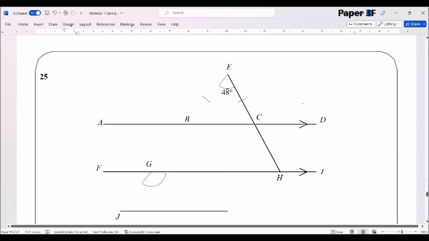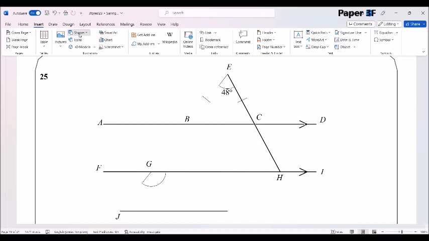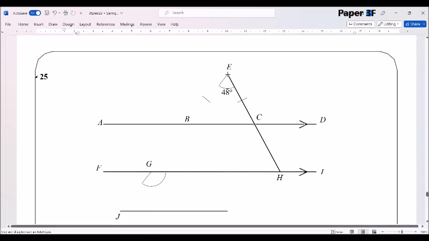Next question. Question 25. Just going to tidy this up and make sure we've got the lines drawn in. Okay, so we've got some stuff going on here. Let's have a look and see what we're supposed to do with this.